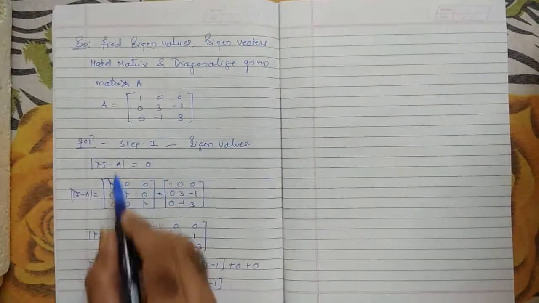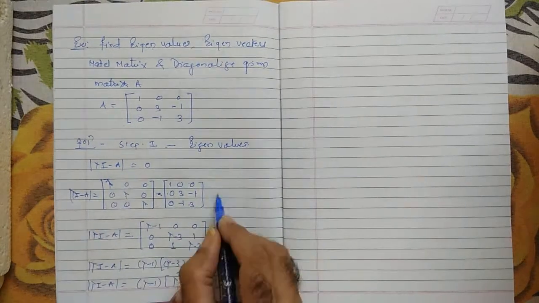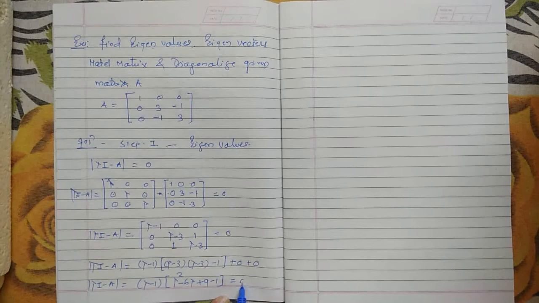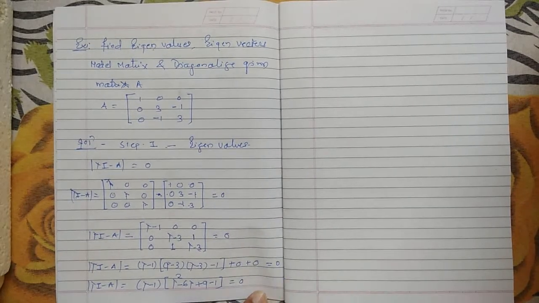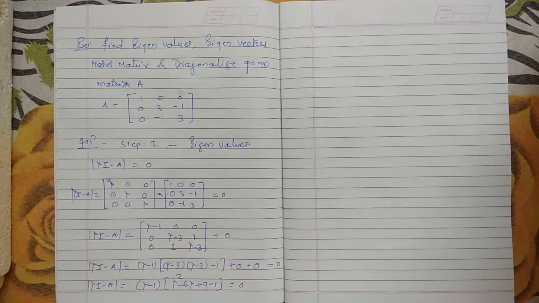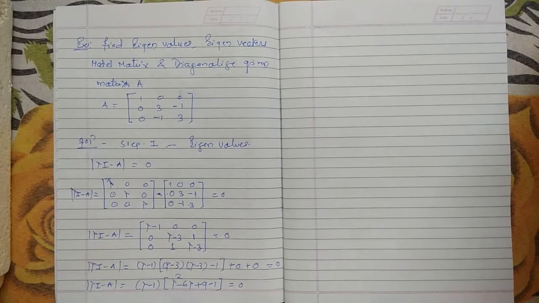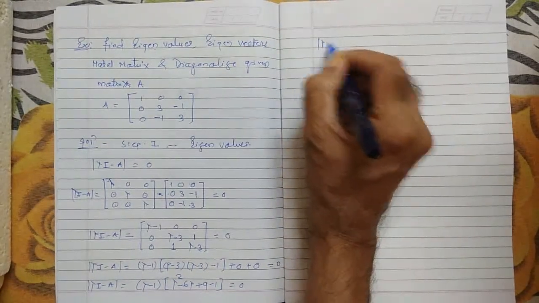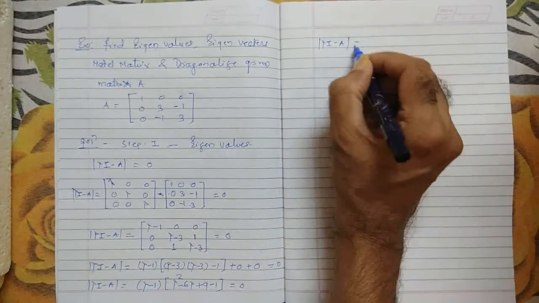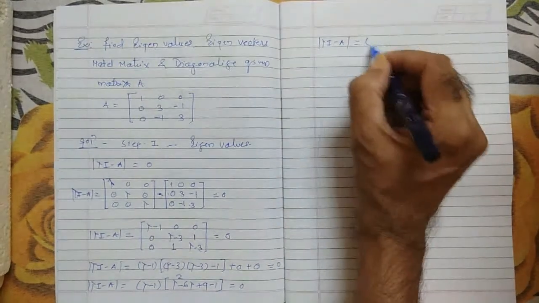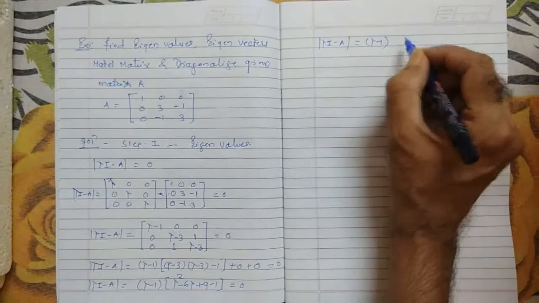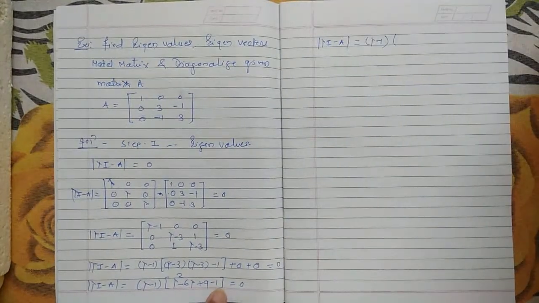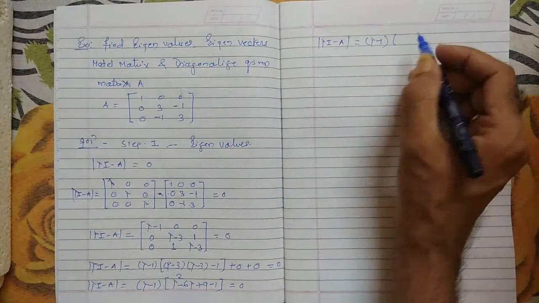See here, this equation lambda I minus A equals 0. So lambda I minus A is equal to lambda minus 1 as it is, and here lambda square minus 6 lambda plus 9 minus 1. Plus 9 minus 1 means 8.